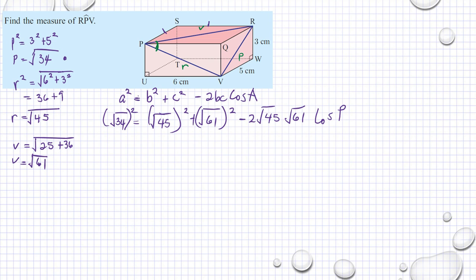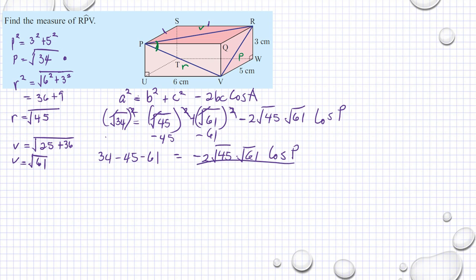And then we have minus 45, minus 61, because they cancel. So we have 34 minus 45 minus 61 is equal to negative 2 times the square root of 45 times the square root of 61 cosine p.